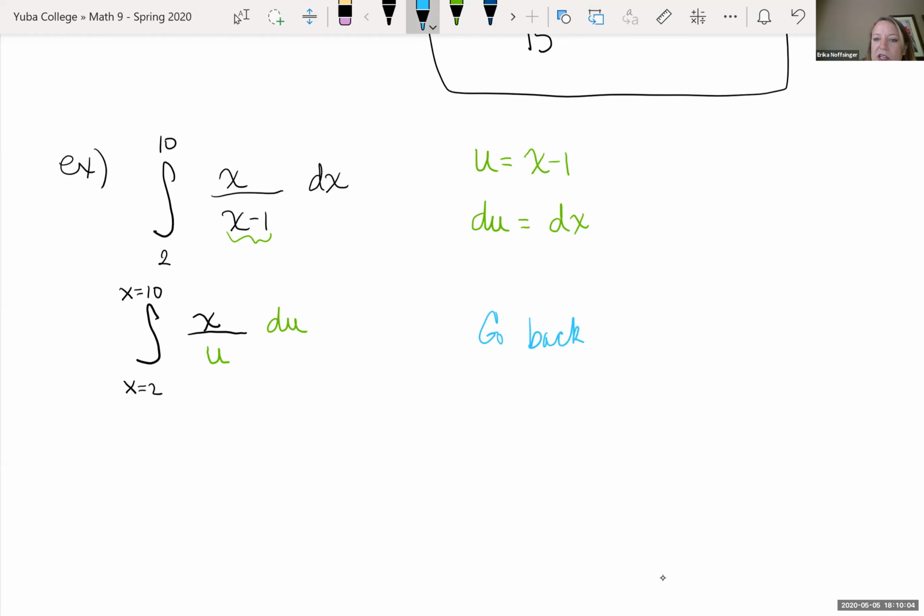to what you let u equal, x minus 1, and solve for x. So notice we can get x by itself by adding 1 to both sides. So x is the same thing as u plus 1.